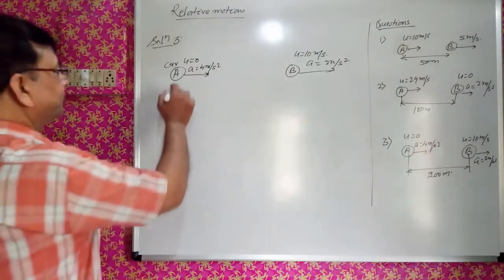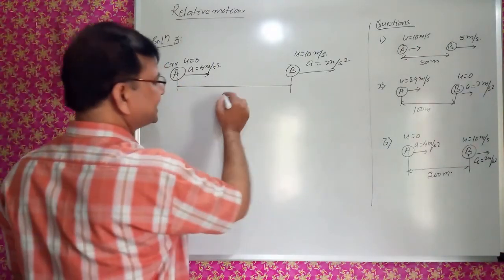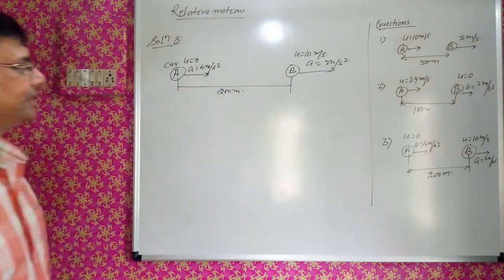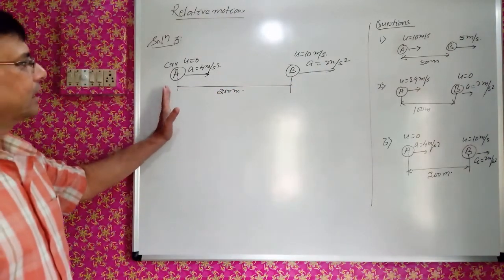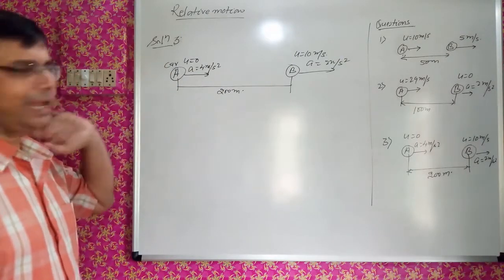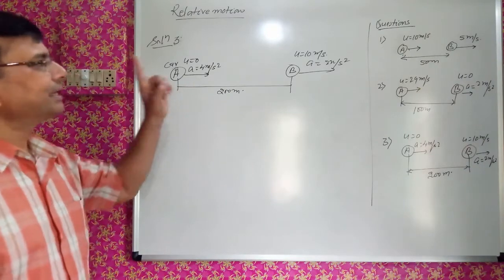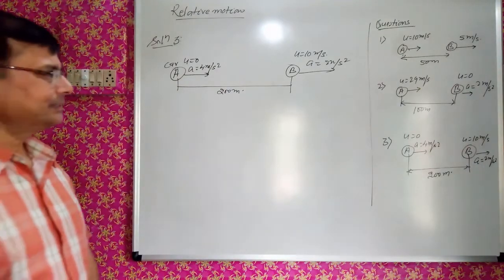So we have to find, if the distance between these two is 200 meters, how much time it will take A to catch B, and at what distance A will catch B, right? This is the question.